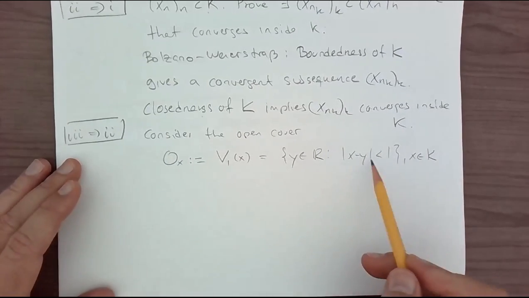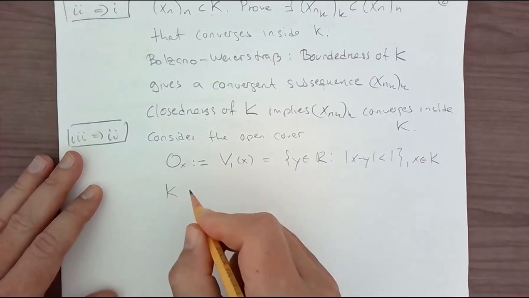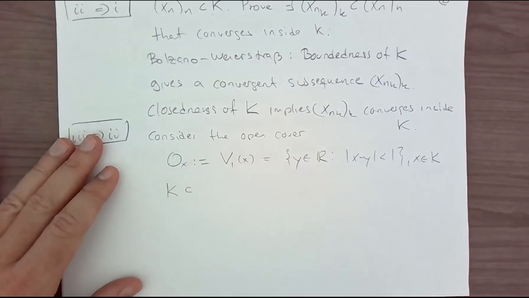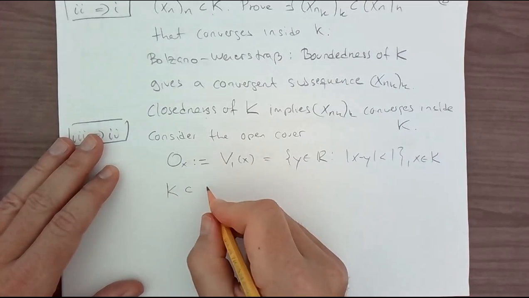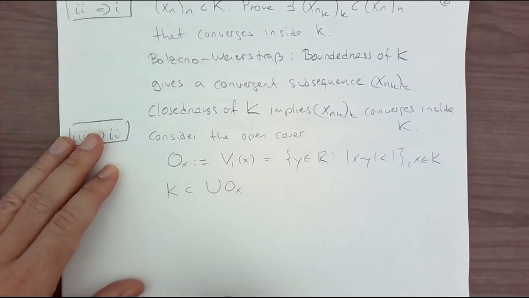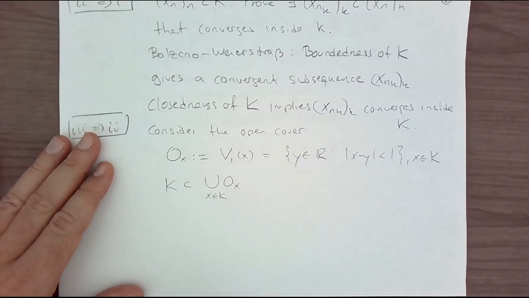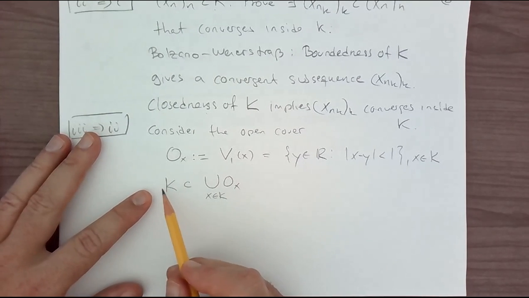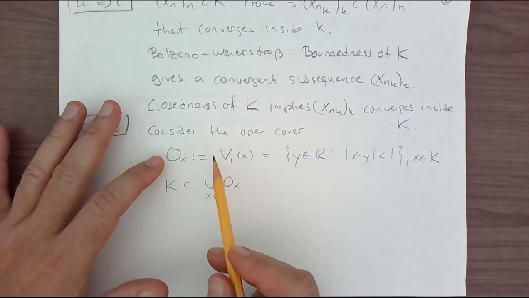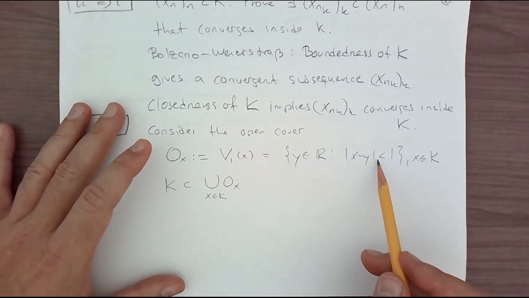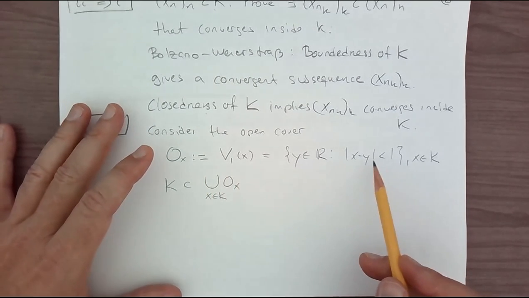And of course, by having this property, we will have that K is a subset of this open cover, because any point on the left-hand side will be embedded in one of these open intervals of radius 1.